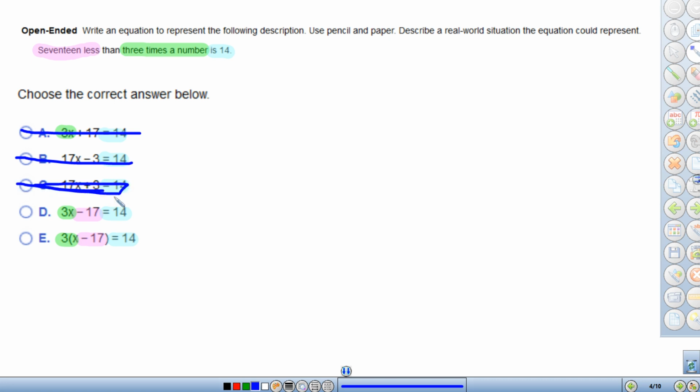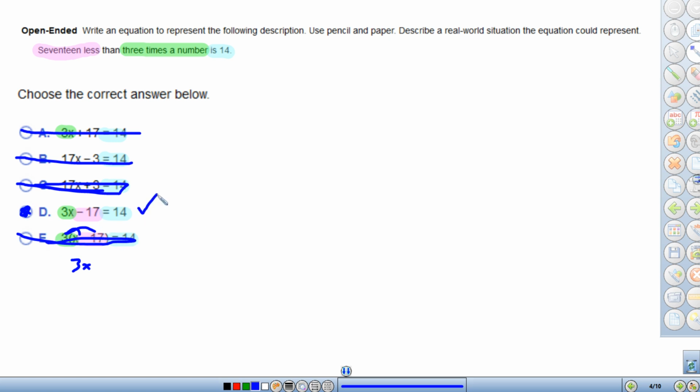So now we're down to D and E. Now they look like they might be the same, except for, if you remember from previous lessons, in E we've got distributive property going on. So this is 3 times x, which gives us our 3x. But then we have 3 times negative 17, which is going to be way more than negative 17. So it has to be D. That is the only one that has all 3 pieces that work.